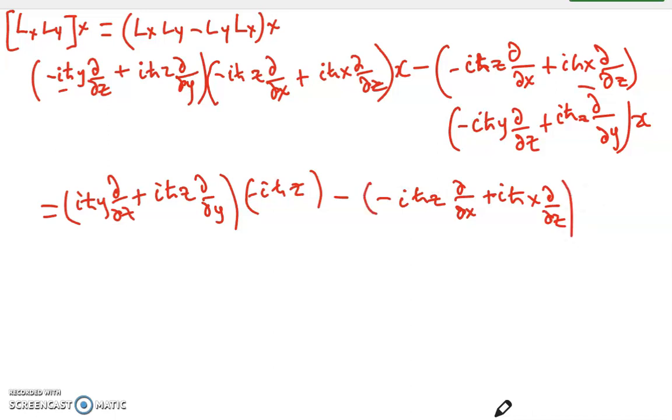And the whole of this is going to give us 0.